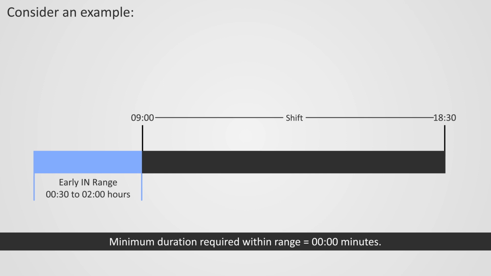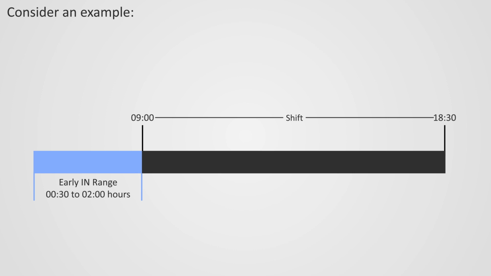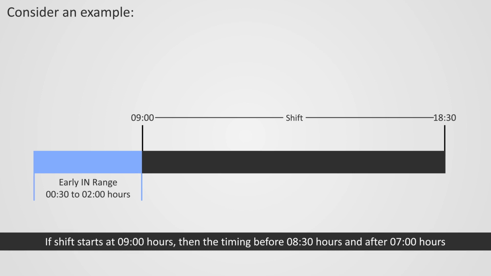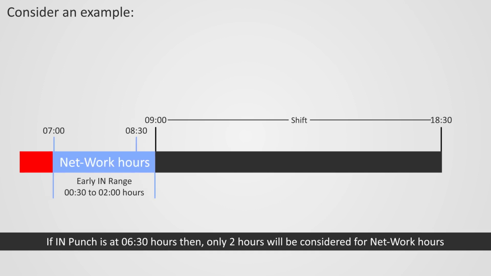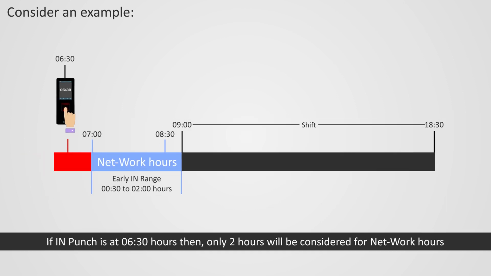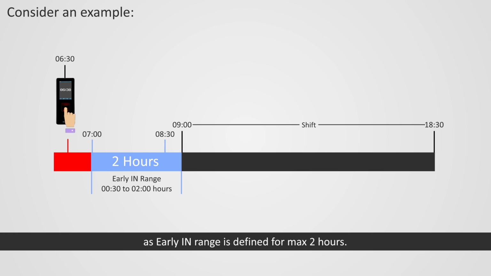Minimum duration required within range is equal to 0 minutes. If shift starts at 9 hours, then the timing before 8:30 hours and after 7 hours will be considered for network hours. If in punch is at 6:30 hours, then only 2 hours will be considered for network hours, as early in range is defined for max 2 hours.